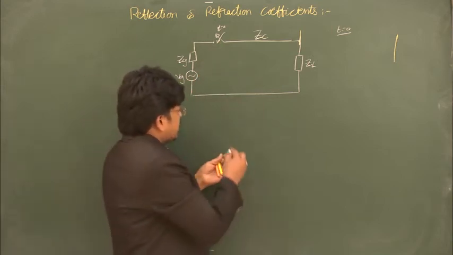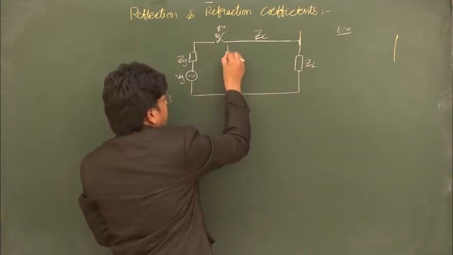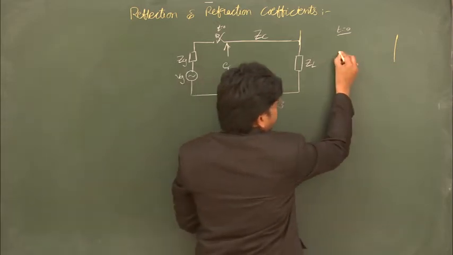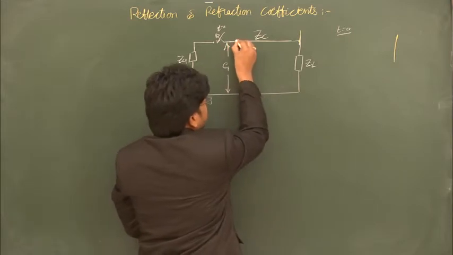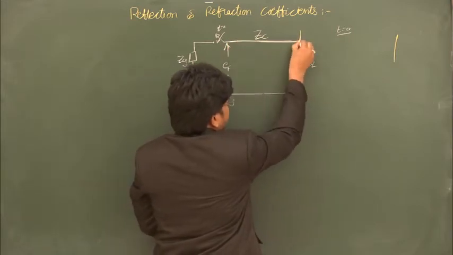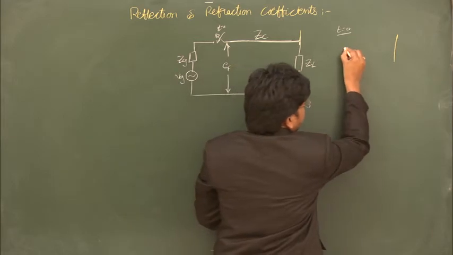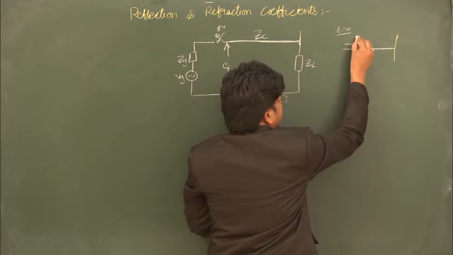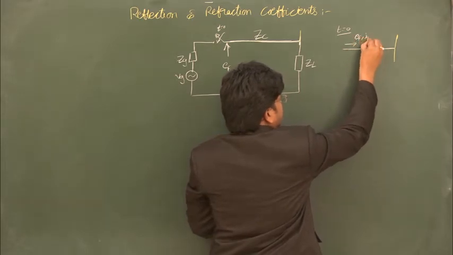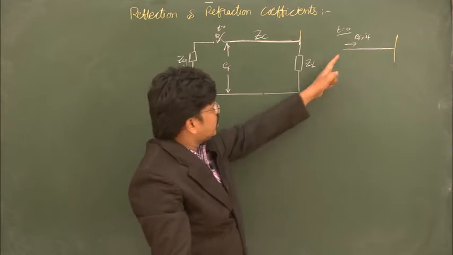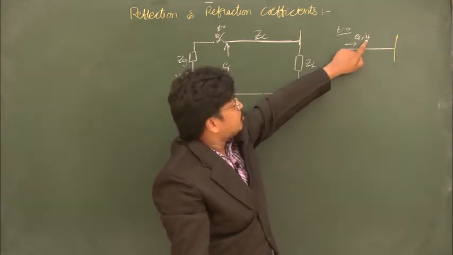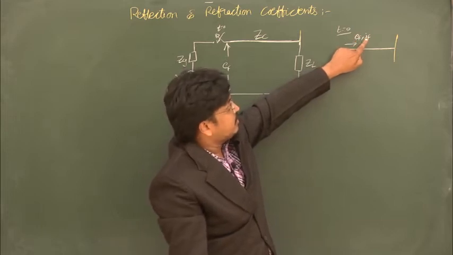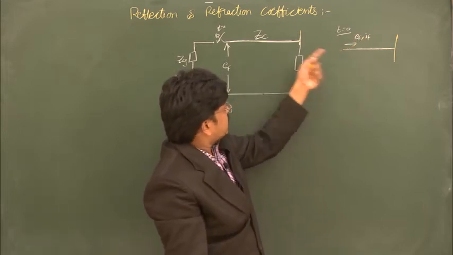Under this condition, let EF be the forward voltage or incident voltage carried through this transmission line, and similarly the current IF. So the incident voltage EF and incident current IF are assumed to pass through the transmission line.